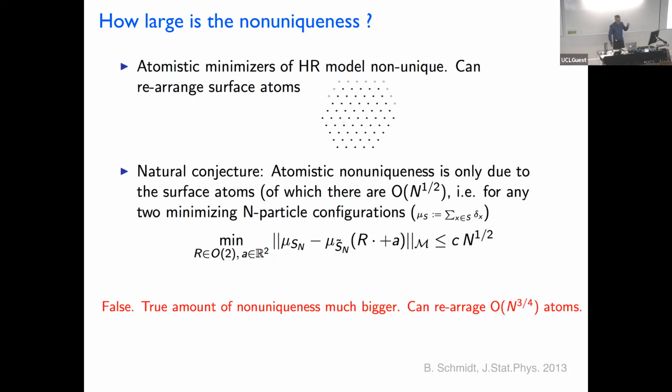The true amount of non-uniqueness is not of the order of the surface, it is of the order of n to the 3/4 atoms. It's now known as the n to the 3/4 law, and was found by my coworker Bernd Schmidt. We found an example showing it can be this large, but he then found that this is the optimal law.